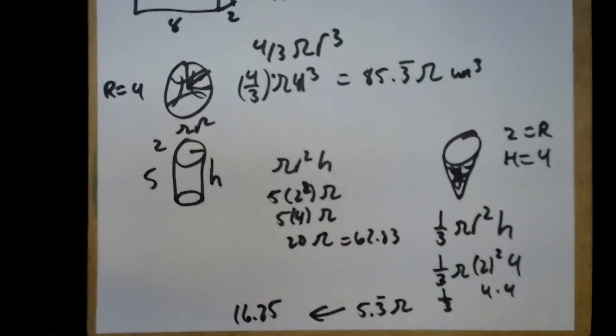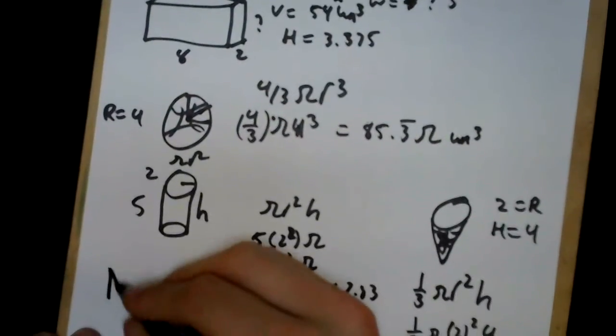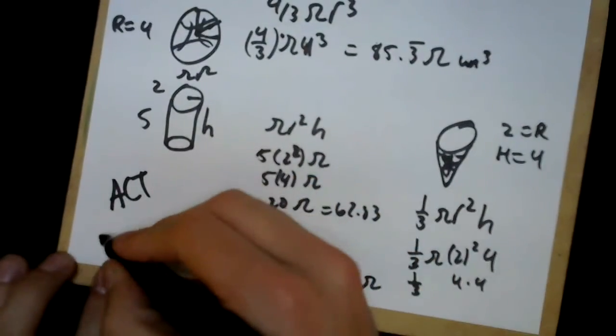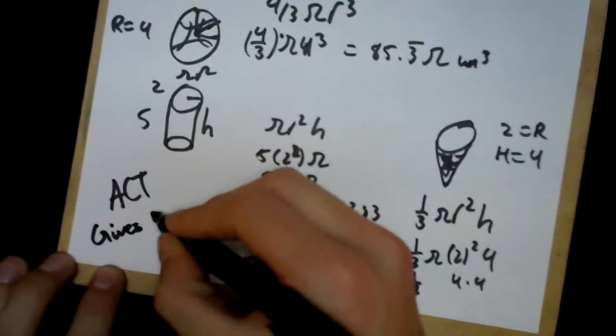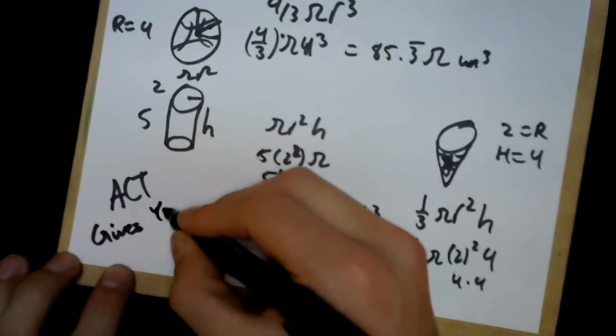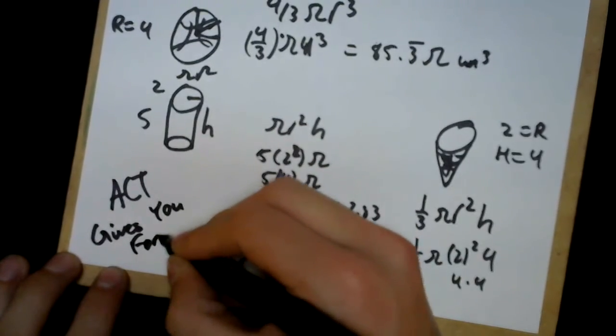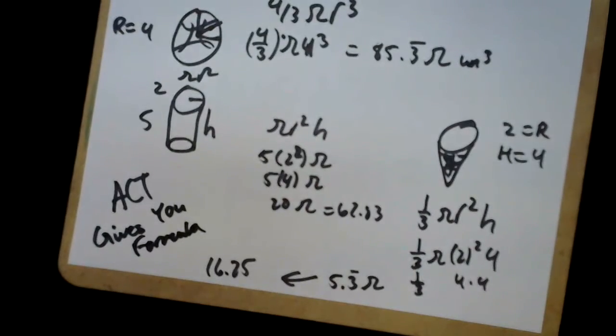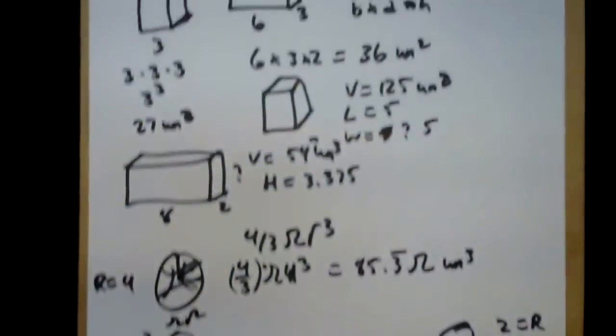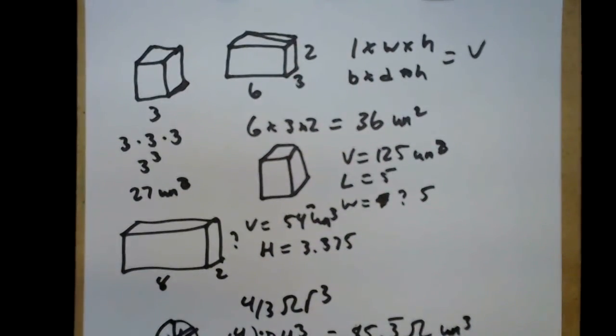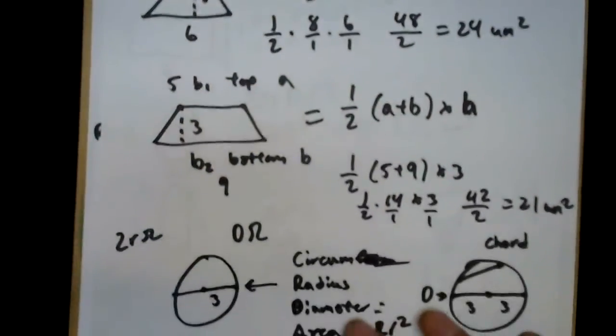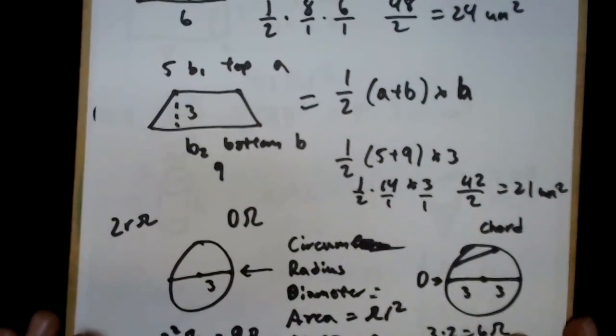So you don't stress out, I'll write something. ACT gives you the formulas on most of the formulas for 3Ds, or even the areas from before, will most likely give you an equation.